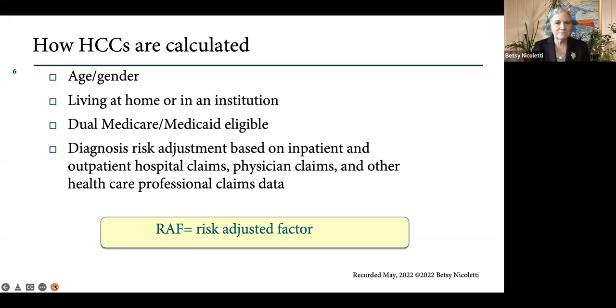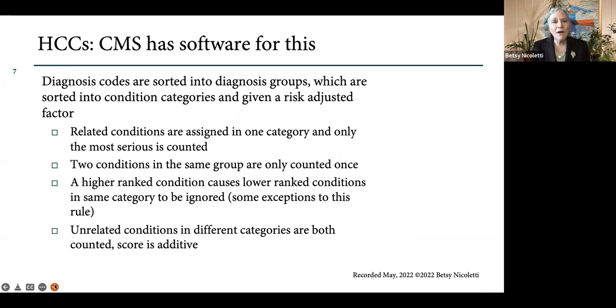That's what that means. So there's some software. When you say, what does that mean? Well, the payer adds up the RAF score for any conditions that are submitted in a calendar year by those providers that I mentioned before. And then those diagnosis codes are sorted into diagnosis groups, which are sorted into condition categories and given a risk-adjusted factor.